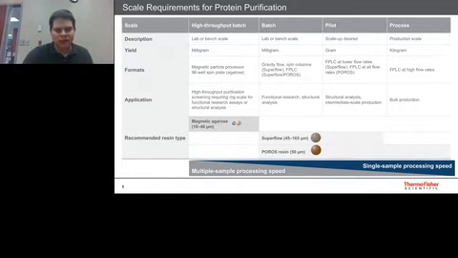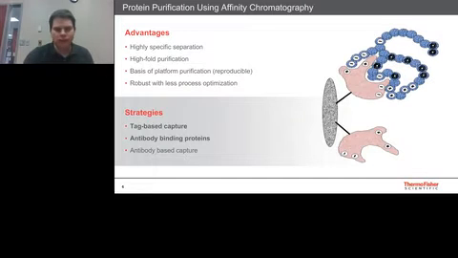For batch to process scale, we recommend our Porous Resin. This base support is geared specifically for FPLC at all flow rates and can significantly improve processing speed of bulk production. I've highlighted the different base beads we have available and what applications they are recommended for.